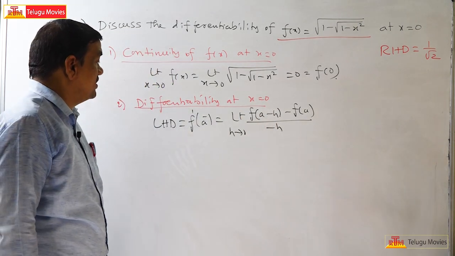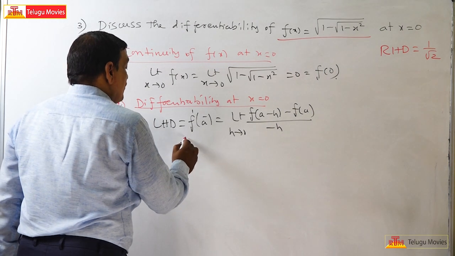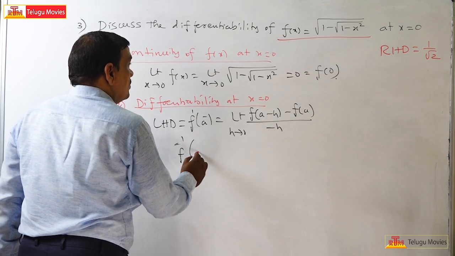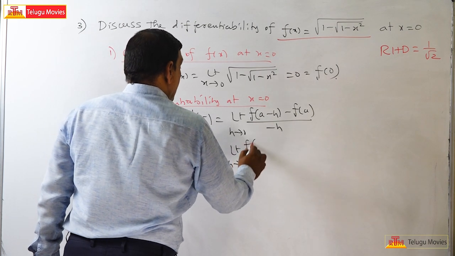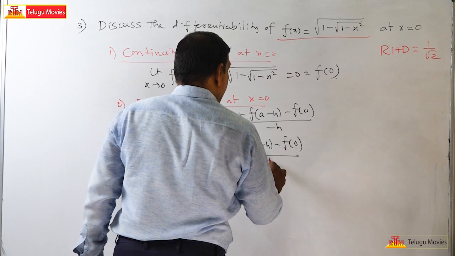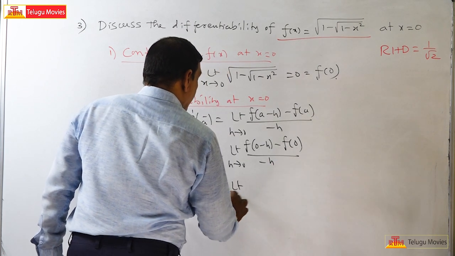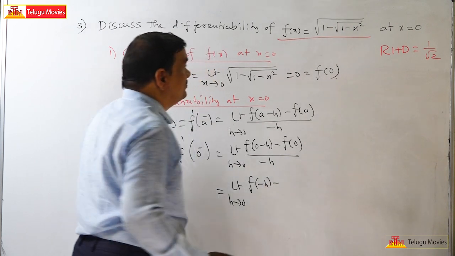That means f dash of 0 minus is equal to limit h tends to 0, f of 0 minus h minus f of 0, divided by minus h.